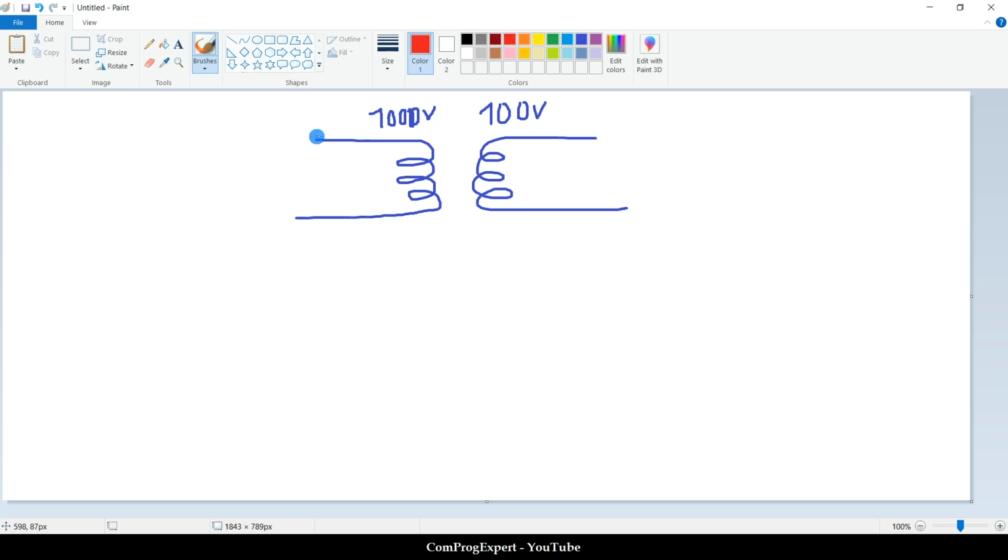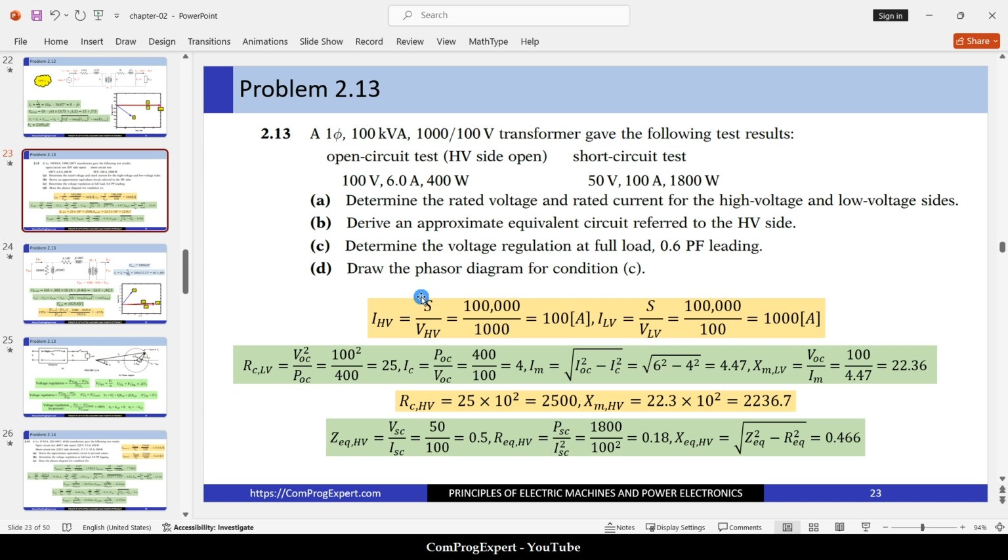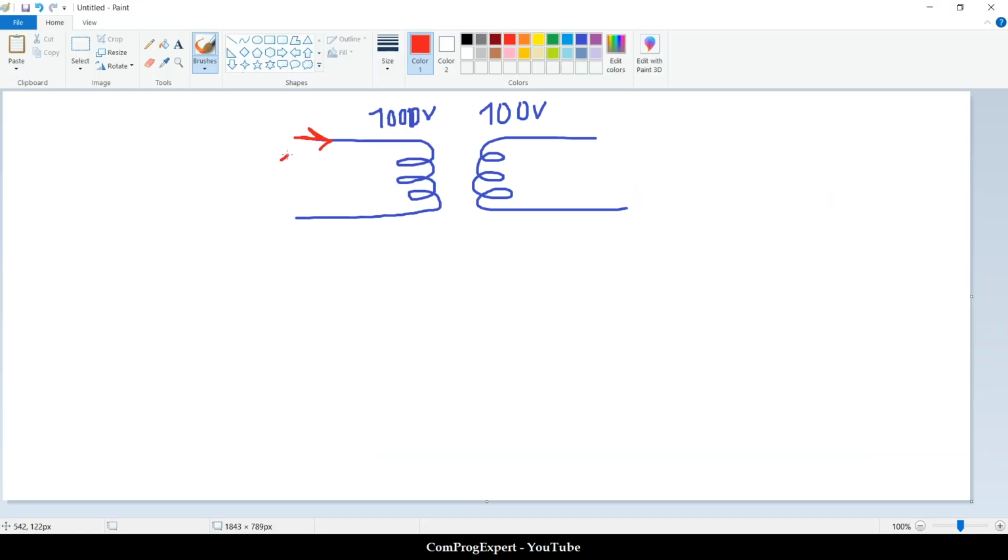What is the value of the current for the high voltage side? It is the apparent power divided by the voltage. So 100,000 divided by 1000 is equal to 100 amps. Yes, this is the current of the high voltage side.